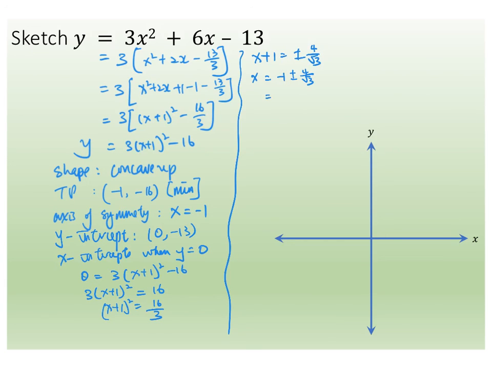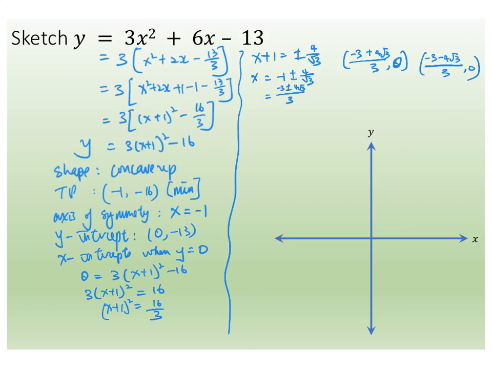Or you can actually make everything into 3 so that you can rationalize the surds, and therefore you've got minus 3 plus or minus 4 square root of 3 over 3. Alright, so here therefore the roots or the x-intercepts are (minus 3 plus 4 square root of 3)/3, 0, or (minus 3 minus 4 square root of 3)/3, 0.